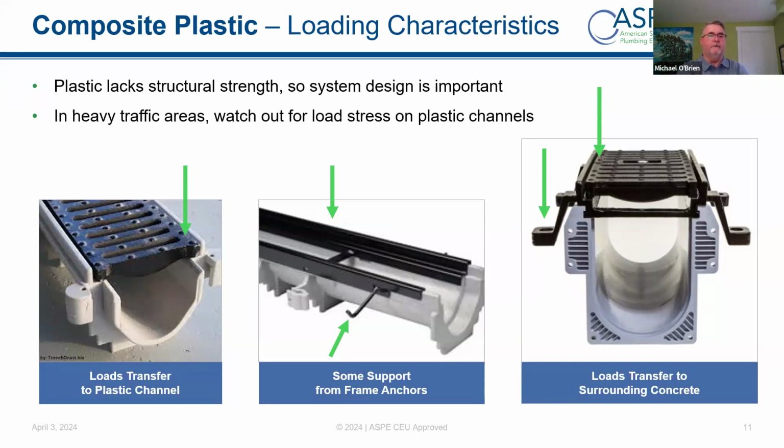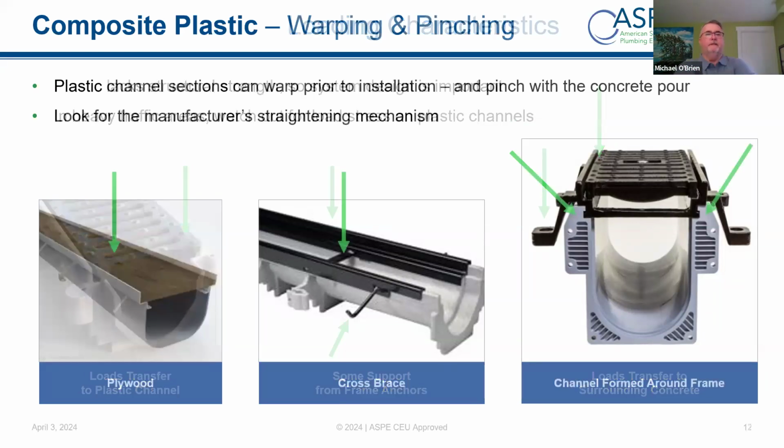So again, the loads are supported by a frame in most cases, and they have the anchor tabs and everything to keep it in place. So they tend to be quite a bit simpler to deal with.